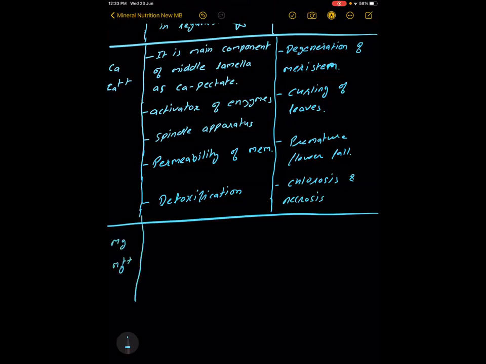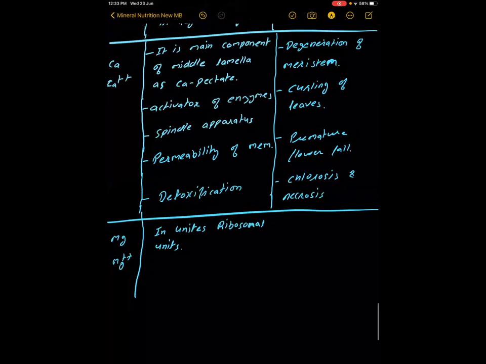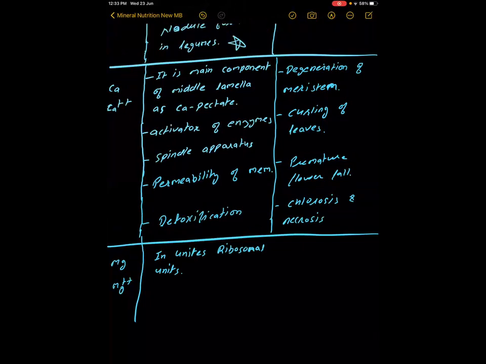So what is the first in calcium deficiency, sir? First is degeneration of meristem. Then curling of leaves.